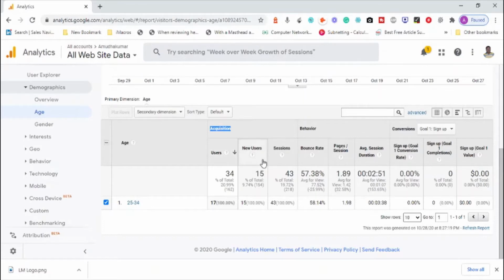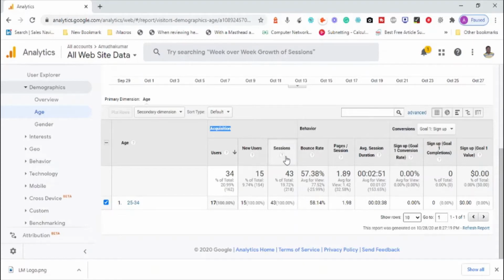The sessions are the number of times that people have visited your website. They could have visited your website today and stayed on your website till evening, but that is considered as one session. They can log out, come again in the afternoon, log out, and come in the evening.